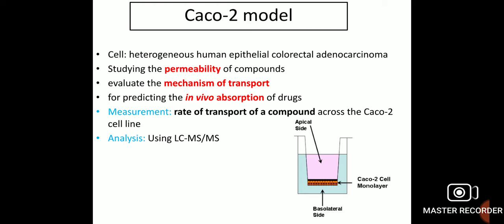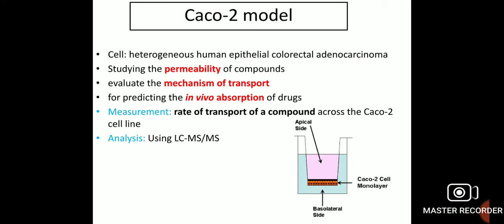CACO2 are cells of heterogeneous human epithelial colorectal adenocarcinoma, and as you can see in the figure, this is how the CACO2 cell monolayer is placed, and one side will be the apical side, where your donor compartment is, and then the basolateral side.